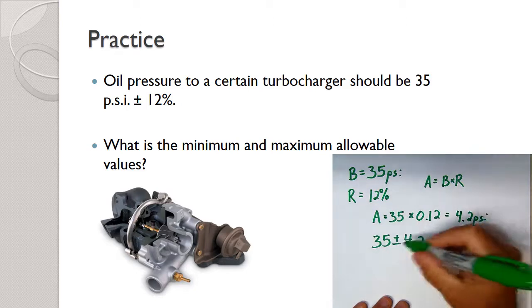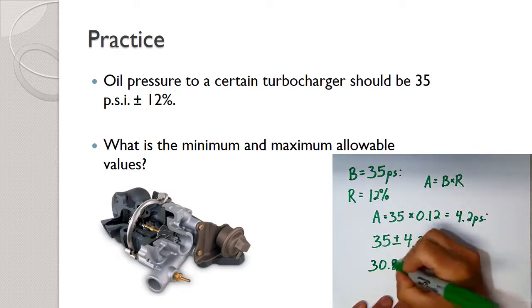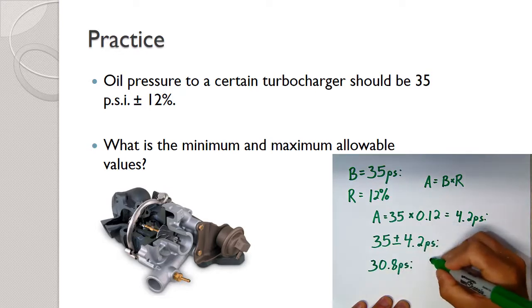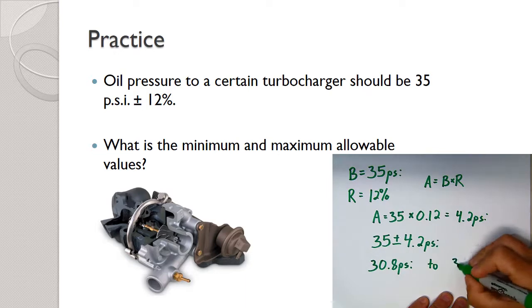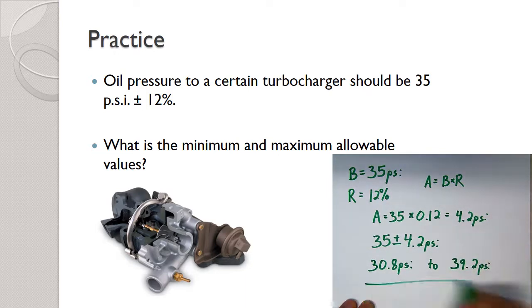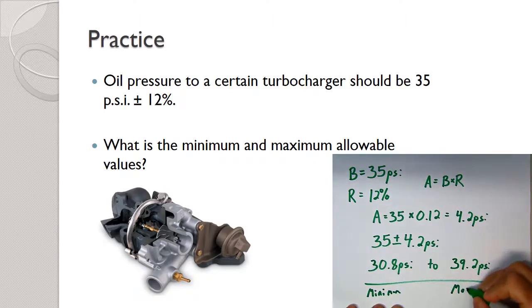So our minimum value would be 35 minus 4.2 or 30.8 psi. And our maximum would be 35 plus 4.2 or about 39.2 psi. There's our acceptable range. The lower one is our minimum, and the larger one is our maximum.